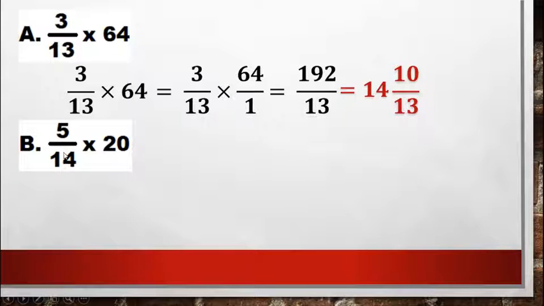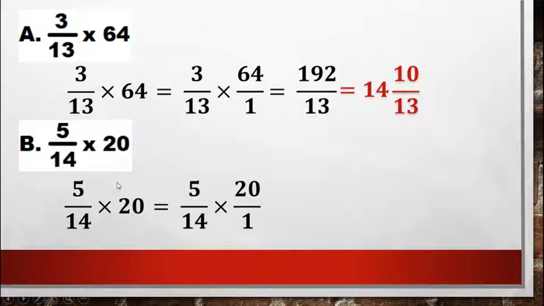Again, we need to make our whole number a fraction with a denominator of 1. So we have now 5 over 14 times 20 over 1. Then multiply directly, numerator to numerator. 5 times 20, that is equal to 100. 14 times 1, that is 14.